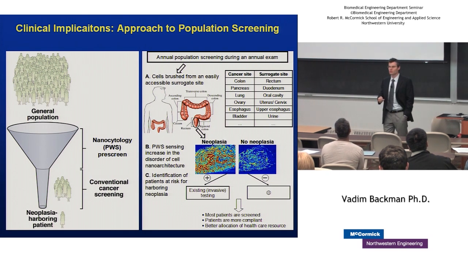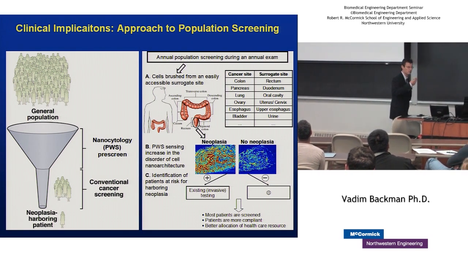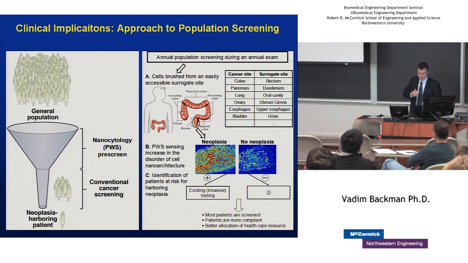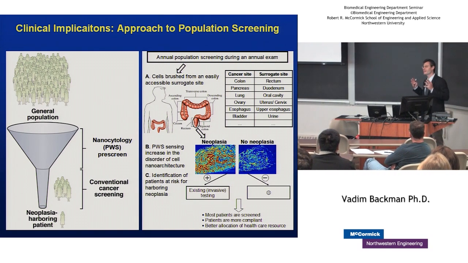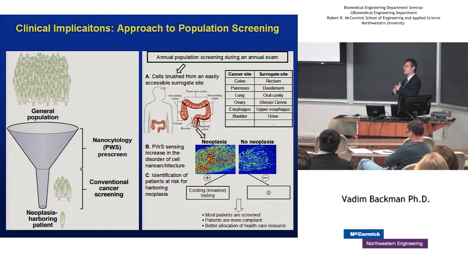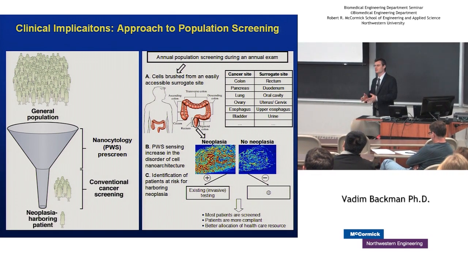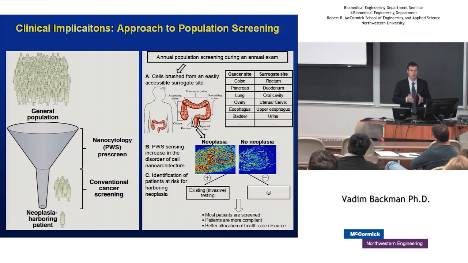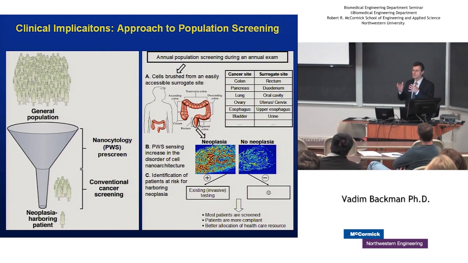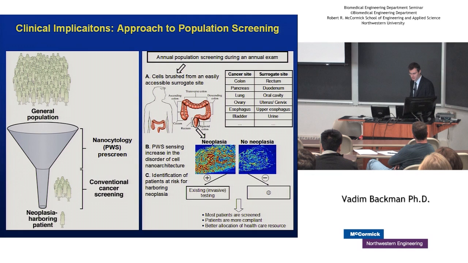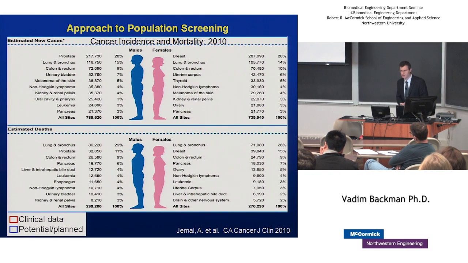Ovarian cancer would be endocervix, and so on and so forth. Bladder cancer, let's say cells from the urine. So the concept here is we get cells from an easily accessible site, do nanocytology, predict if the patient is at risk, and then proceed with possibly more expensive, but also more definitive diagnostic tests. So nobody with cancer gets missed.